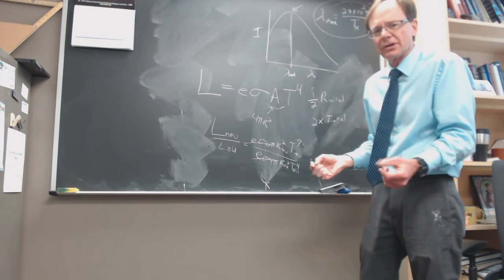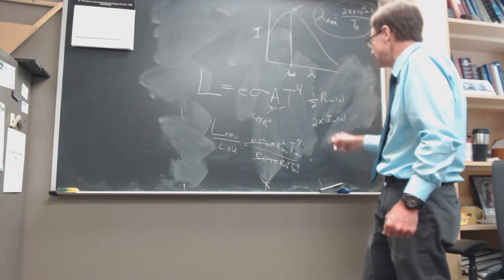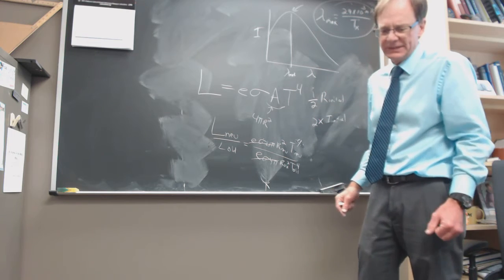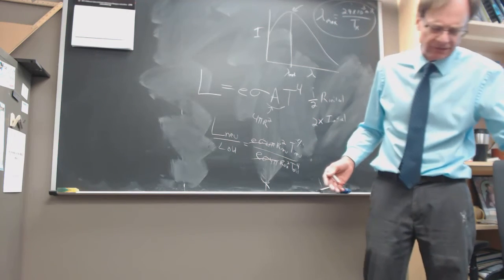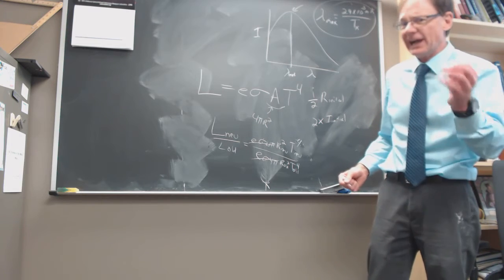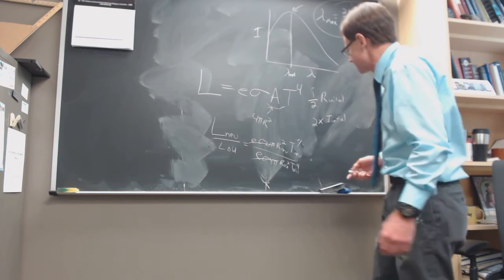So you have some star that undergoes evolution, it gets 2 times hotter and 1/2 the size. This is an odd stellar evolution, probably not something we're ever going to actually see, but this is just a test case for us, a model to see.